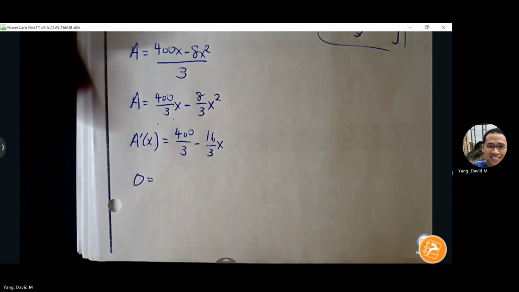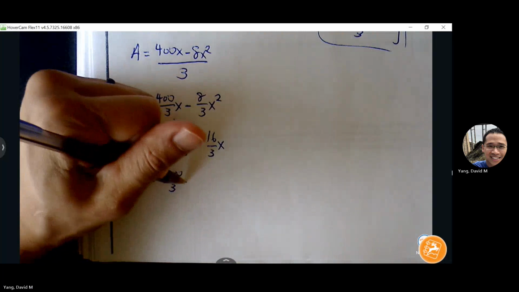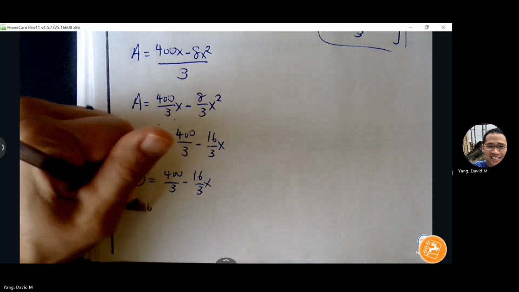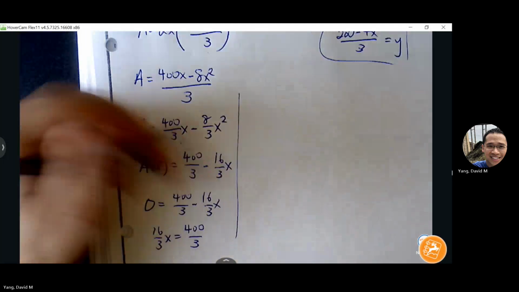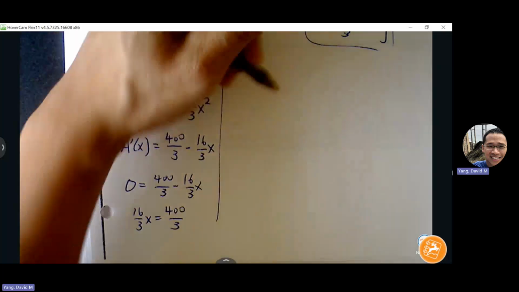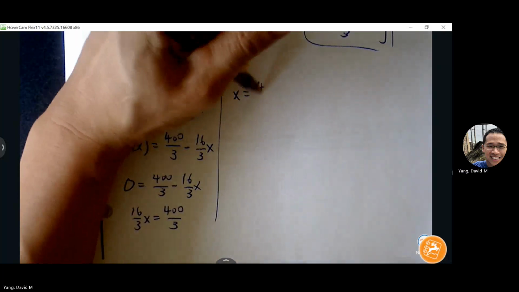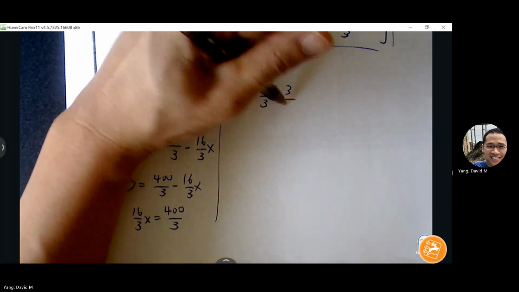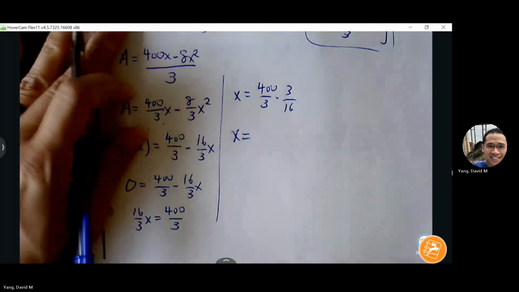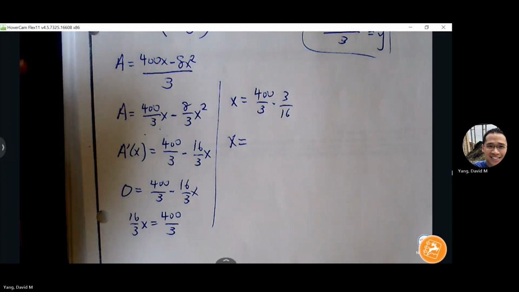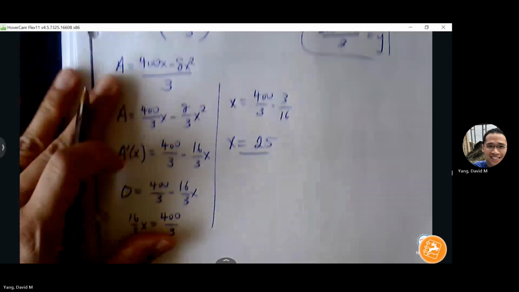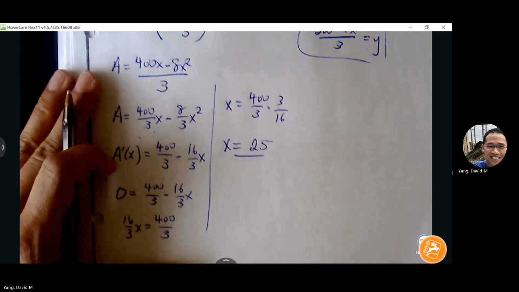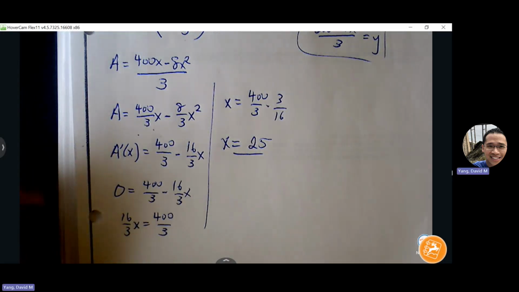Set equal to 0. Dividing by 16/3 is the same thing as multiplying by the reciprocal. These cancel out. x is 25. Yeah, there you go. Same.